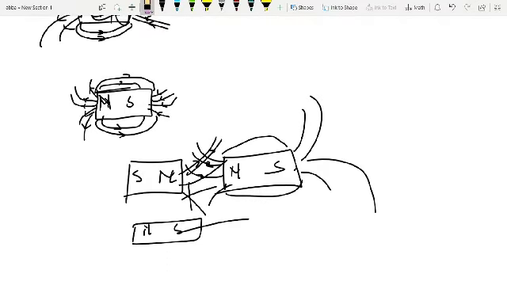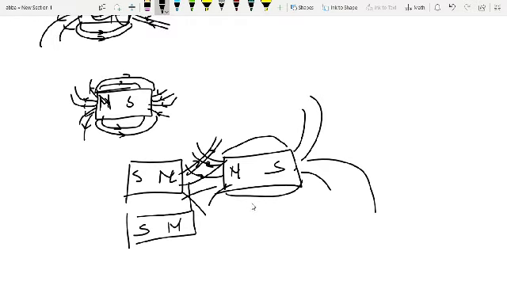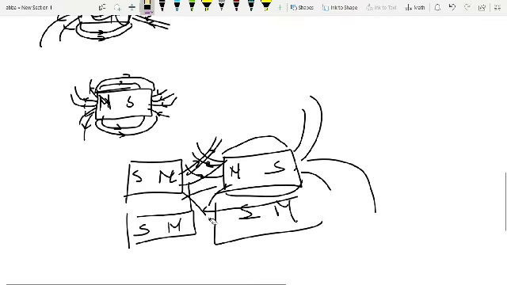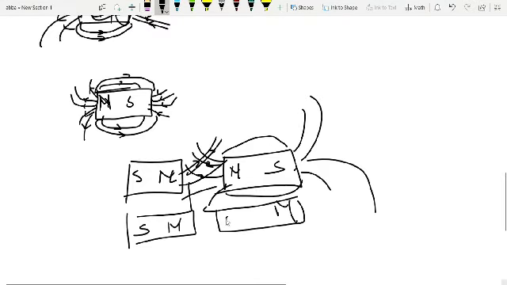Sorry, let's just use the same bar magnet. If we flip the other one, and this is the South and this is the North, let me draw a better magnet. Yeah, let's say it's like that. This is the South Pole, this is the North Pole, right?